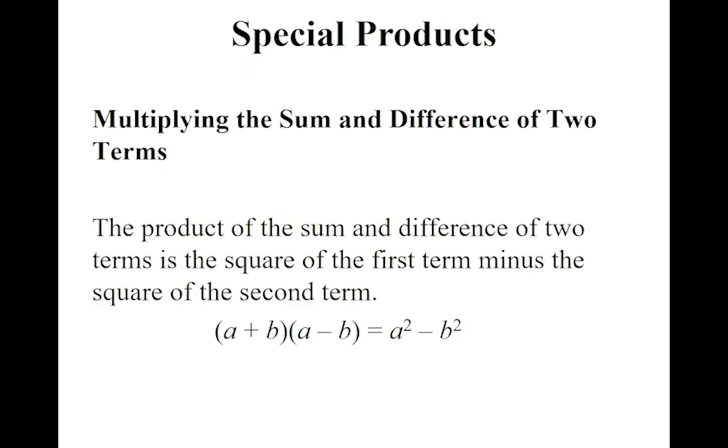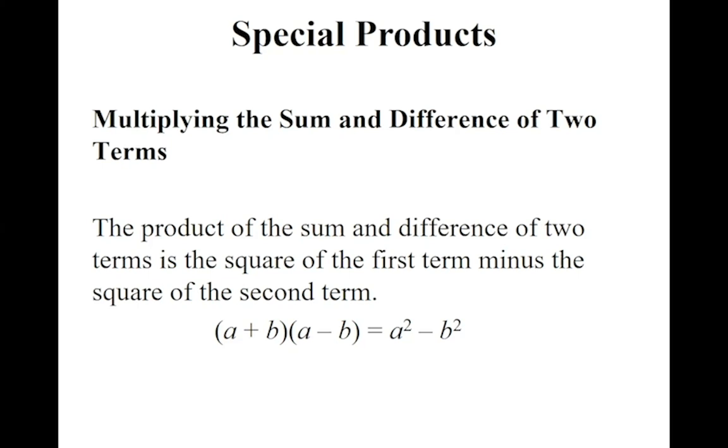Objective 4 in this topic is multiply the sum and difference of two terms. So another special formula, when we have a plus b times a minus b, in other words, two binomials, but one has a plus in it, the other has a minus in it, otherwise they're exactly the same, that's going to give us a squared minus b squared.